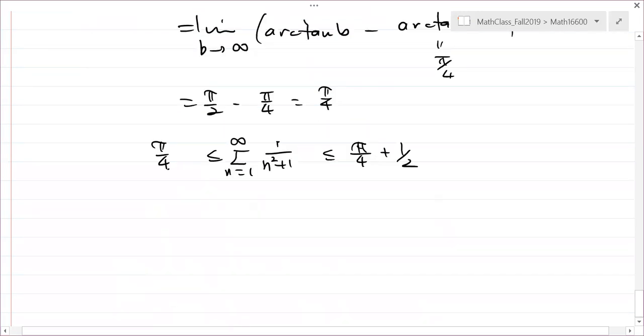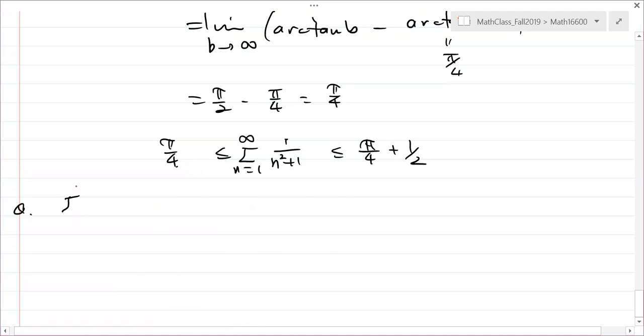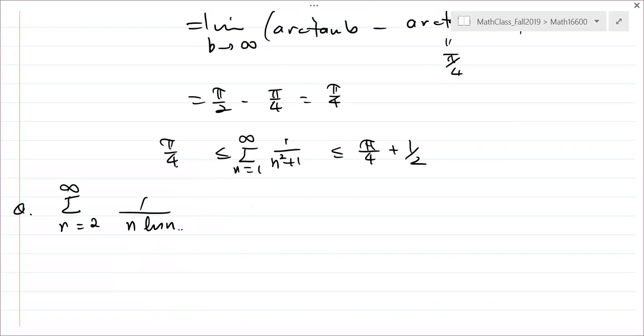All right, our next problem is going to be this. Can you make a conjecture? How can you guess whether this is convergent or divergent?